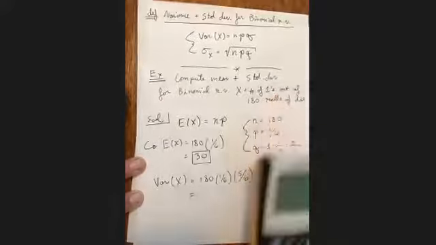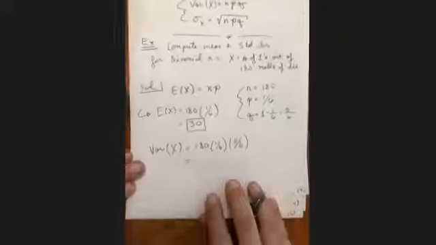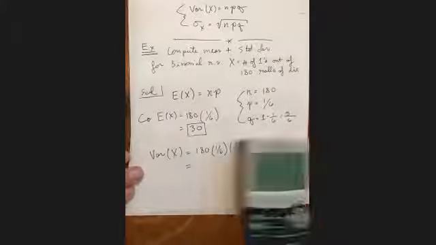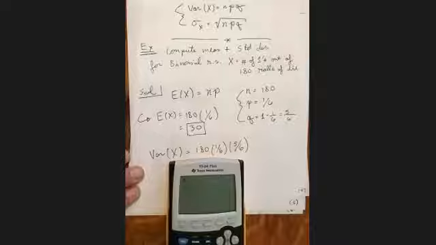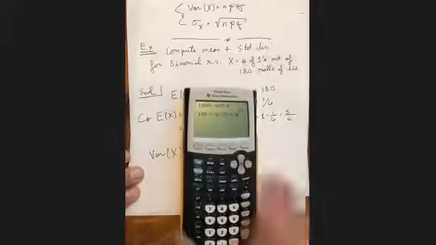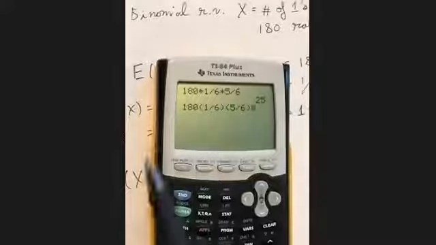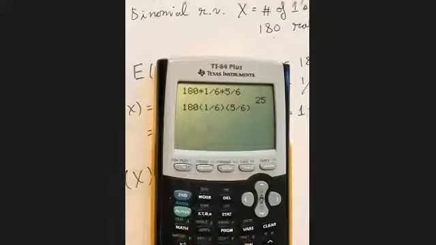So we punch that into the calculator. I can't really show you on the screen. 180 times 1/6 times 5/6, and make sure that's right. When in doubt, if you're using these calculators, you can write the expressions just as you would on your paper, separating them with parentheses.